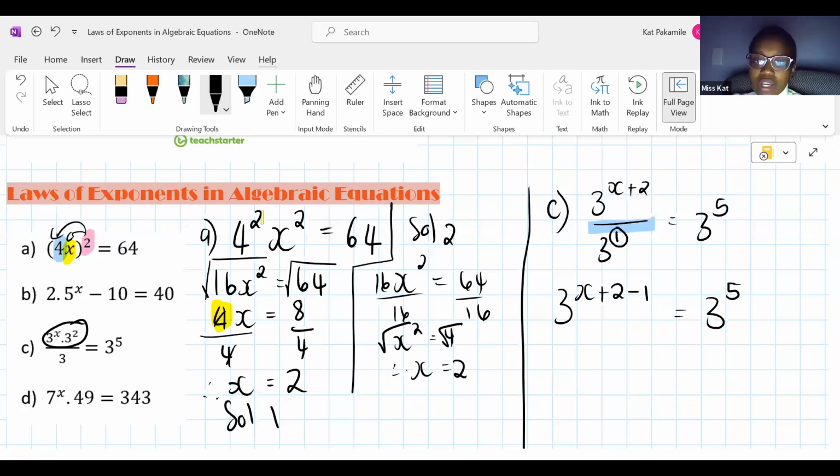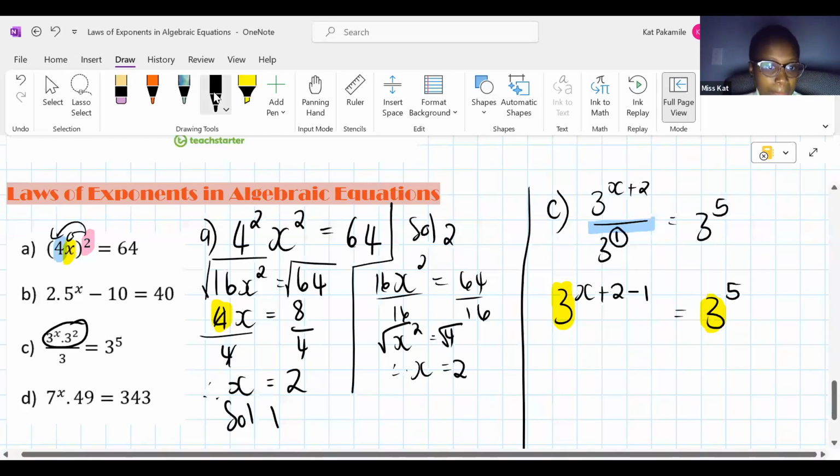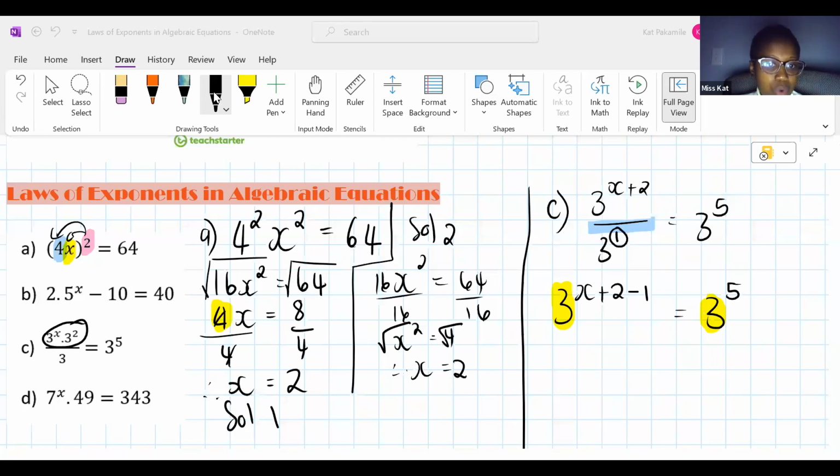We have managed to get the same bases. And once again, same base means what about the exponent? Same base means... What have we been doing the whole lesson? We're not multiplying or dividing, guys. We have 2 bases that are the same on different sides.